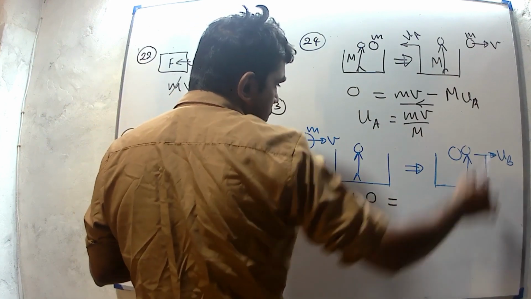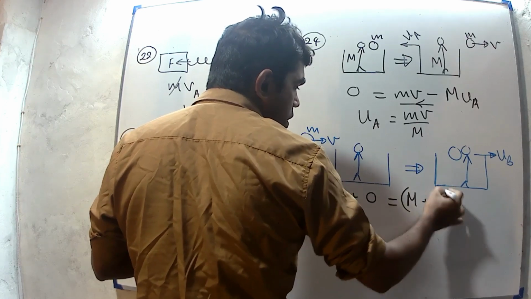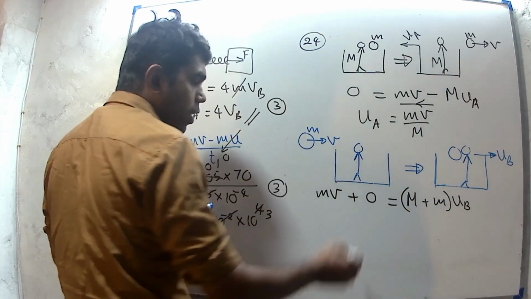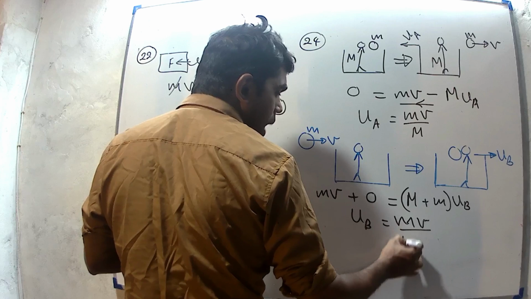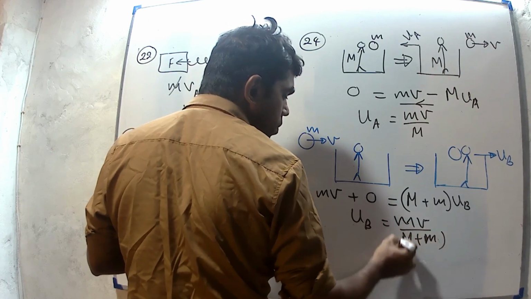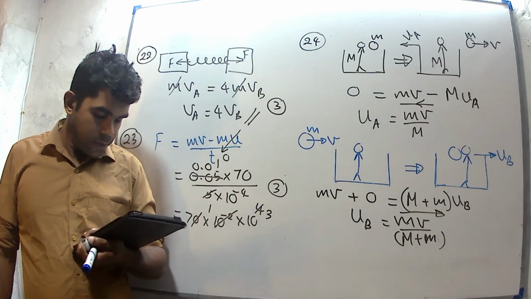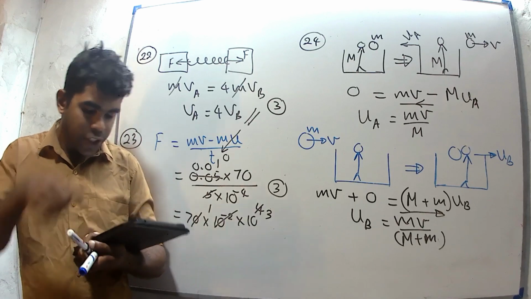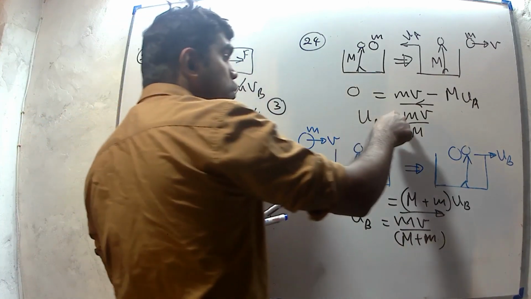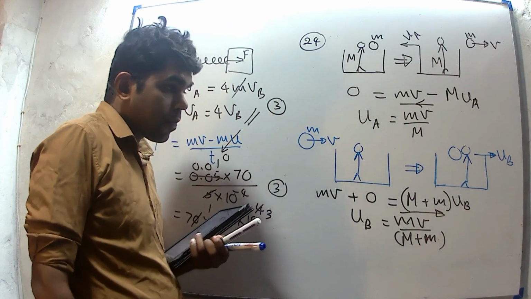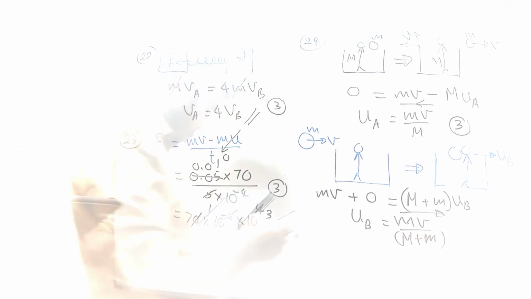After catching, total mass capital M plus small m, velocity UB. Then UB equals mv divided by capital M plus small m. It is in this direction. Now we can get the answer, 3 for the question number 24. Minus mark of first answer means this velocity is in opposite direction. Then answer is C.